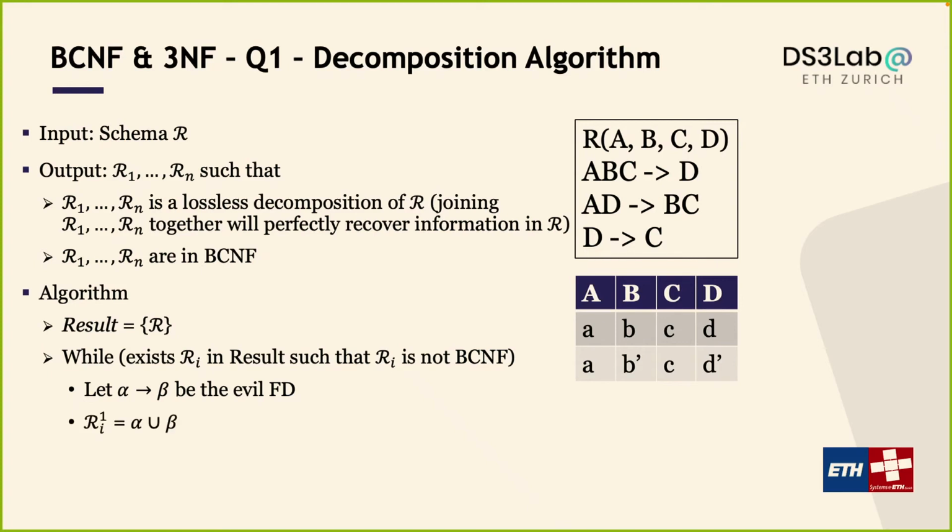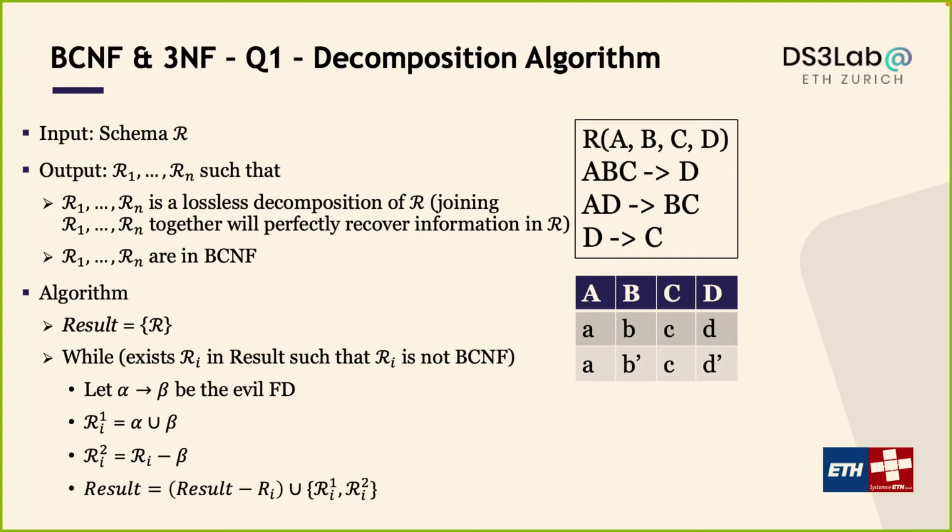Then you are going to create two smaller relations. The first one contains both the left-hand side and right-hand side, alpha union beta. In the other relation, you take the original one and get rid of beta, the right-hand side.